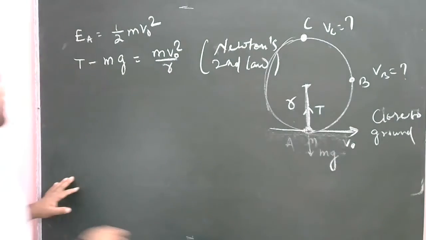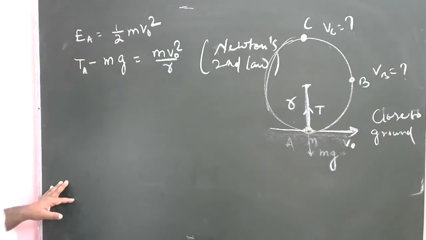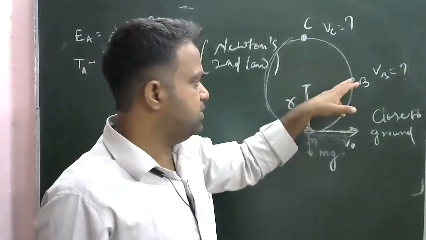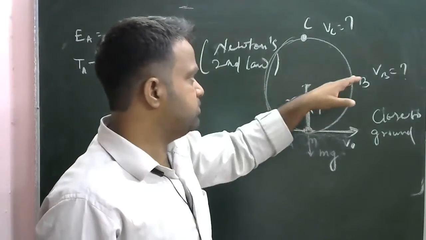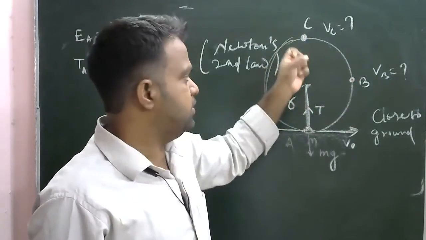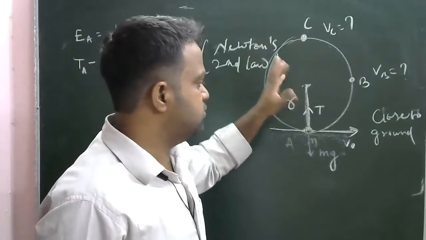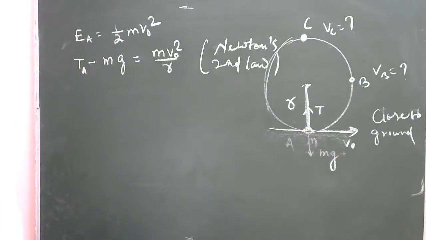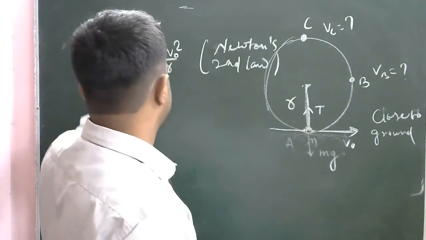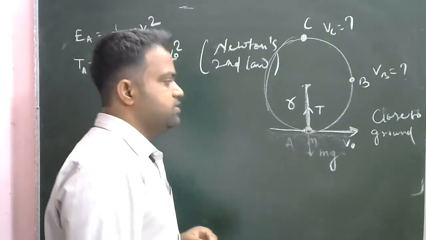Now this is T at A, the tension at A, because tension will also vary. At position B, the tension will not be the same. At position C, the tension will be minimum, and it will be in the opposite direction. So tension is not the same in all directions. So tension at A minus mg equals mv0 square by r.